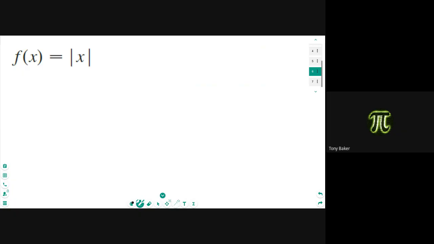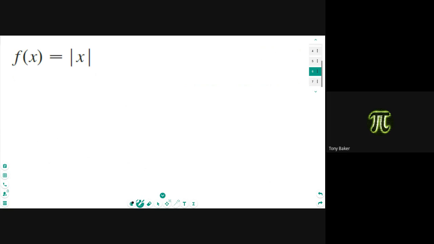What's the derivative of this? It's 1 and negative 1, and nothing at 0. Remember that for the absolute value function, the derivative is actually a piecewise function, because with absolute value you have to look at two different directions.